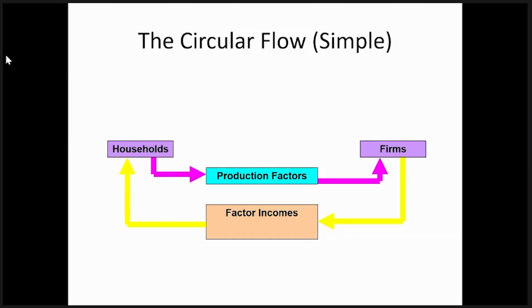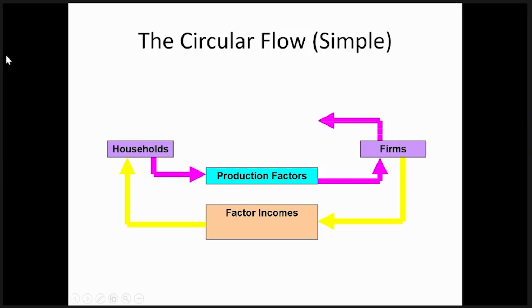So anyway, households sell their production factors to the firms. Firms will spend money on factor income, which is going to the households. This is happening in a simple economy. So this process is physical and this is financial. Since it is a circular flow, these production factors then should come again as physical resources to the households.